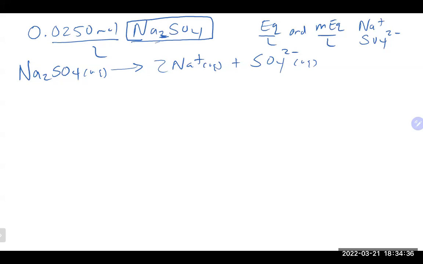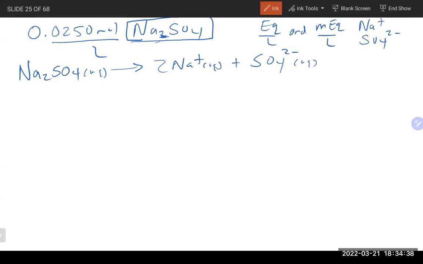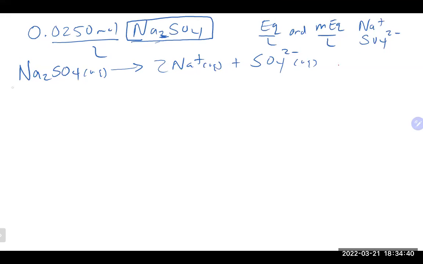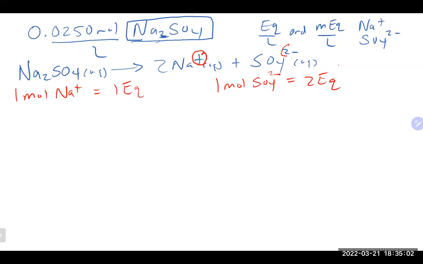From our sodium, 1 mole of sodium ions gives me 1 equivalent, right? And again, that comes from the +1 charge that's there. For our sulfate, like we saw on the previous page, for 1 mole of sulfate, we get 2 equivalents. And again, it is from the 2 that is there on the charge. So that's exactly where it comes from.